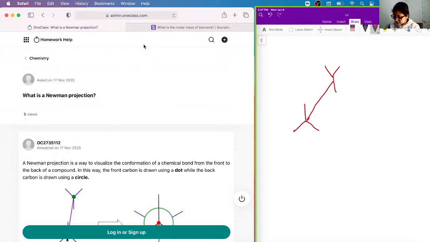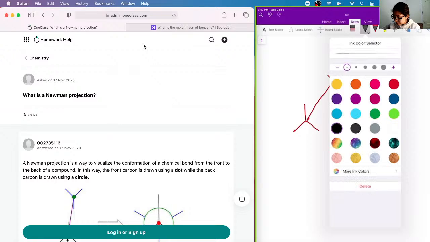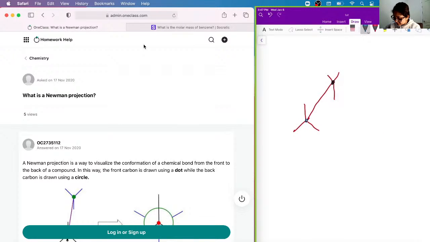And you would have dots here. So these would be two different carbons. Okay, so this is your back carbon, and this is your front carbon.